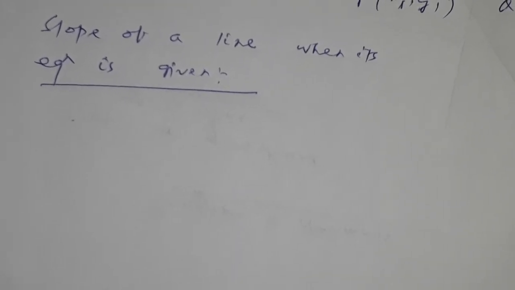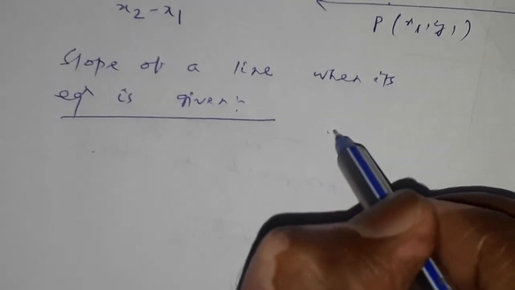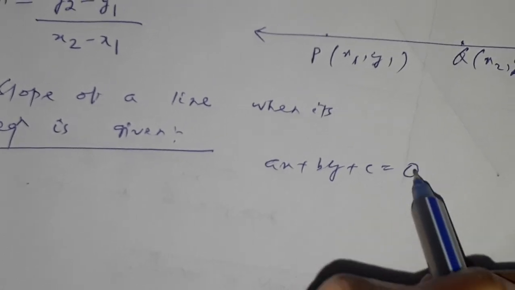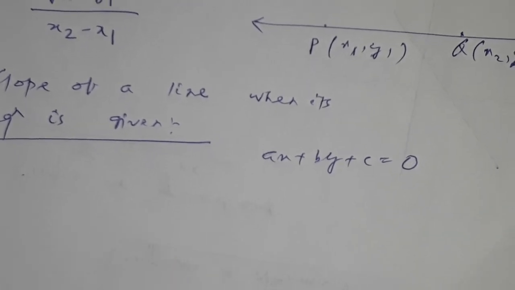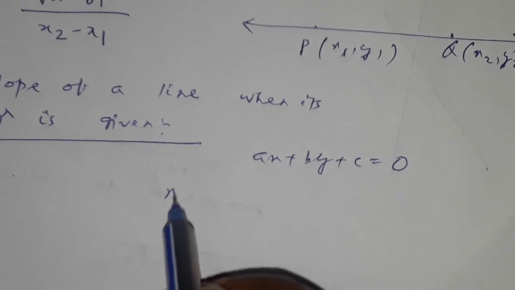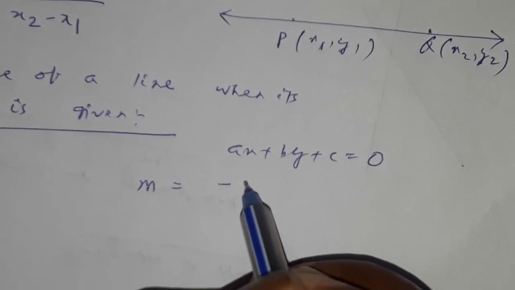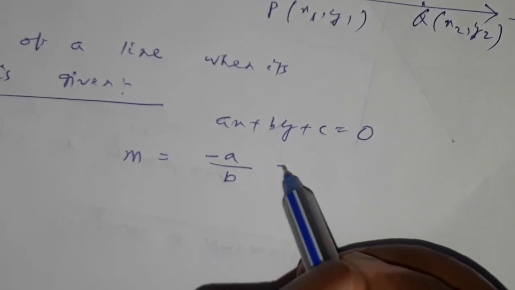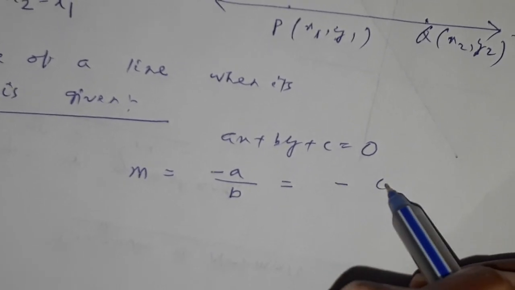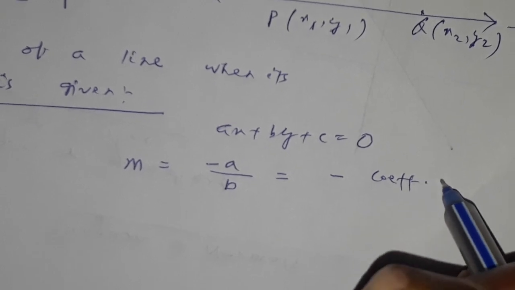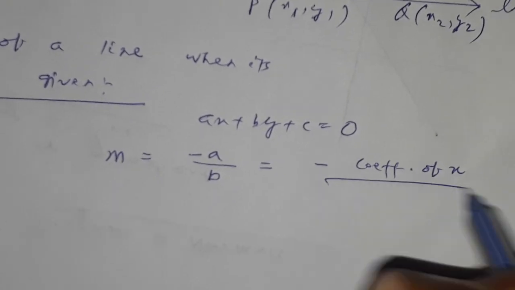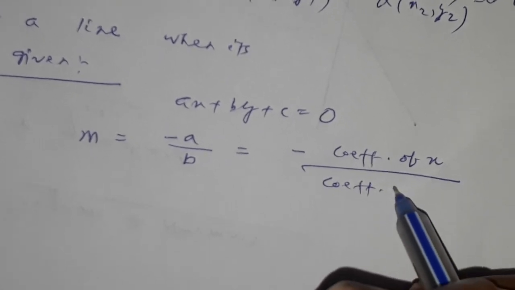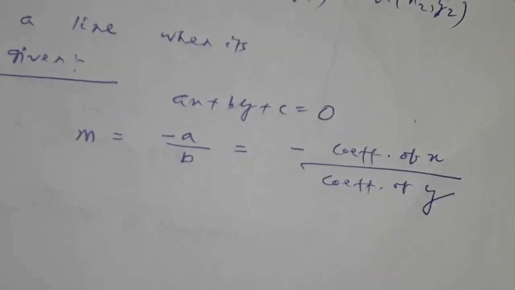The slope of a line whose equation is ax plus by plus c equals 0, then its slope m equals minus a by b equals minus coefficient of x by coefficient of y.